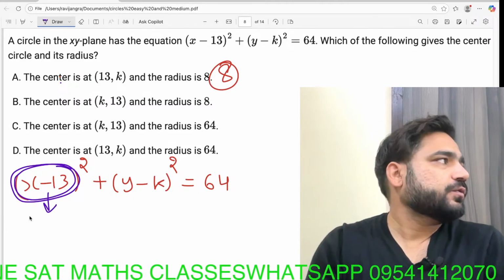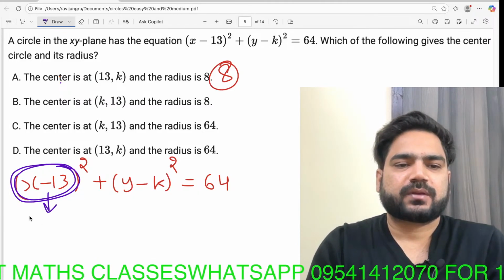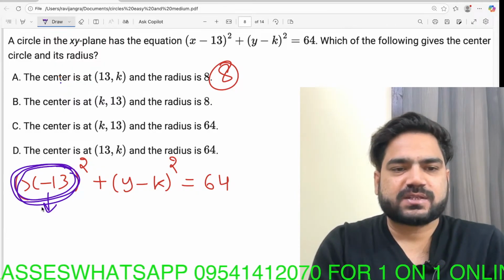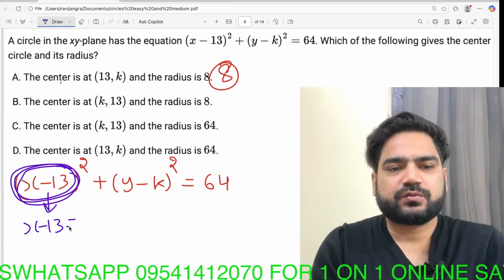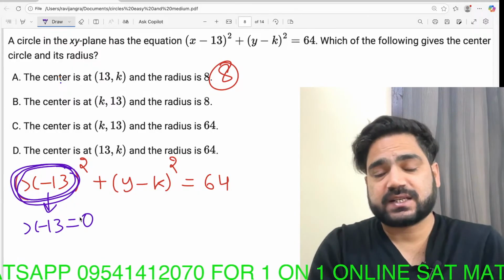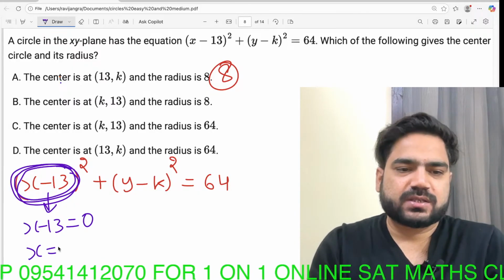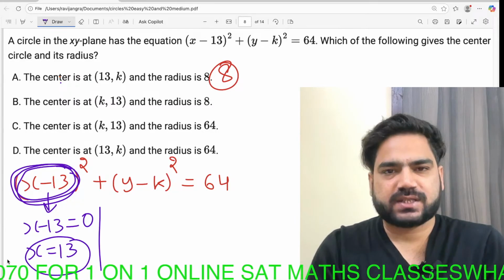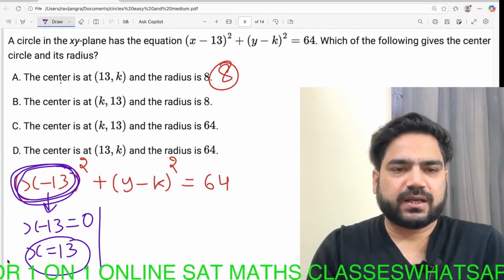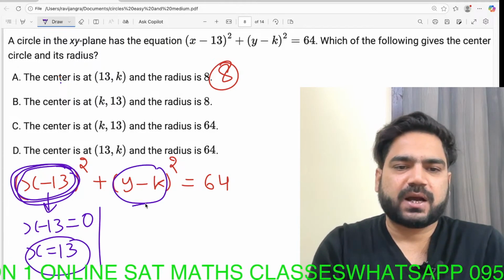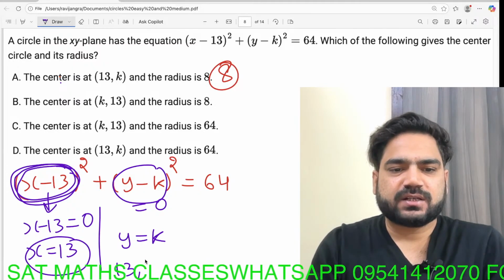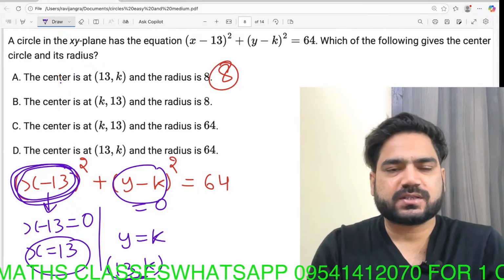To find the center, you make this part equal to 0, so x is 13. The x coordinate of the center is 13. Similarly, if you make the y part equal to 0, y is k. So the center is (13, k).